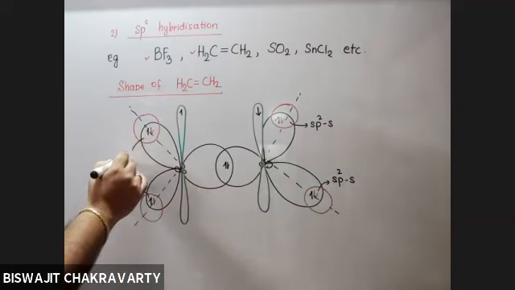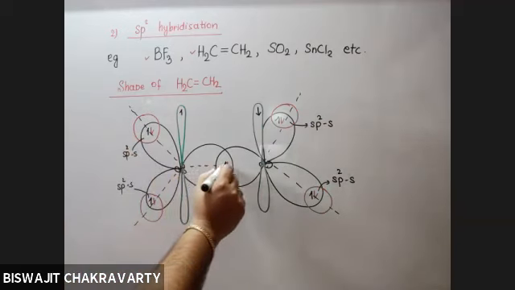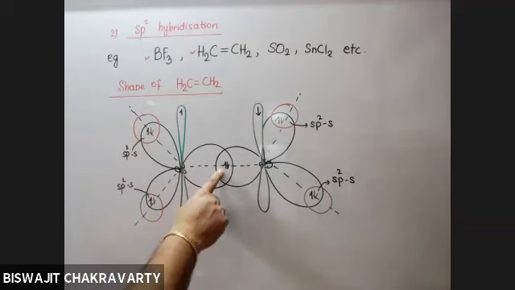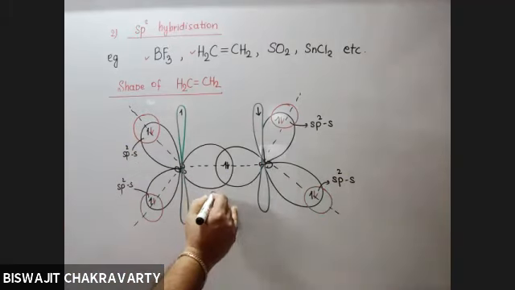Now there is one more sigma bond which is formed between the 2 carbon atoms. What is the nature of this sigma bond? sp2-sp2, very good.